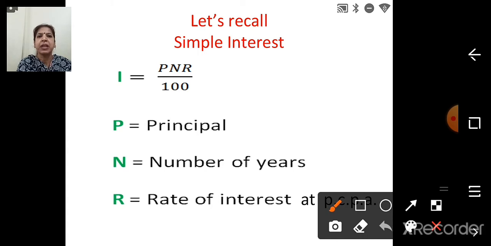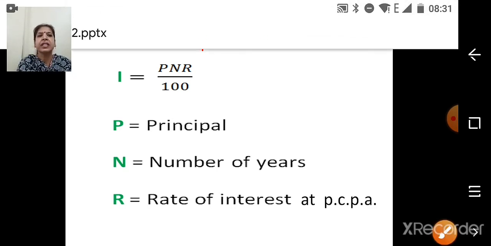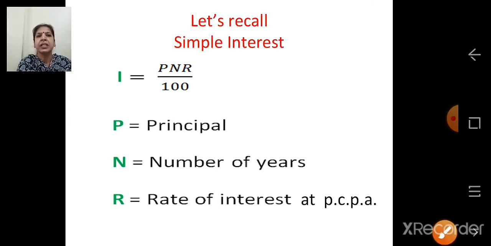N stands for period, that is the number of years, the duration. R is rate of interest, calculated at percent per annum. So this is the formula to find simple interest.